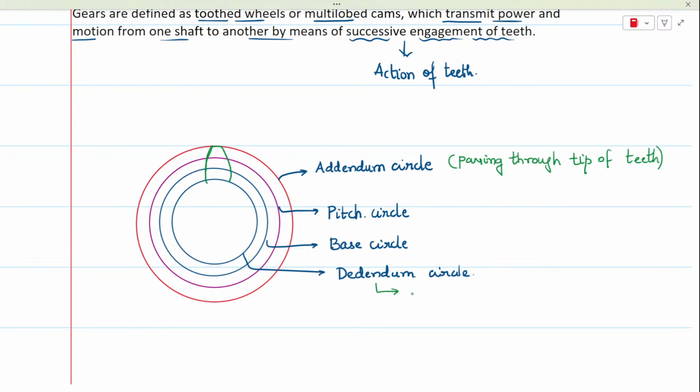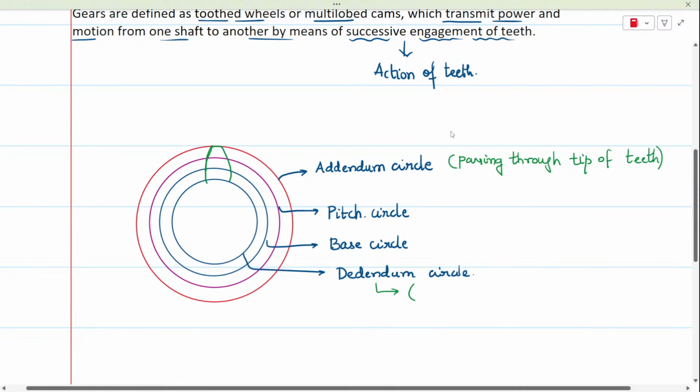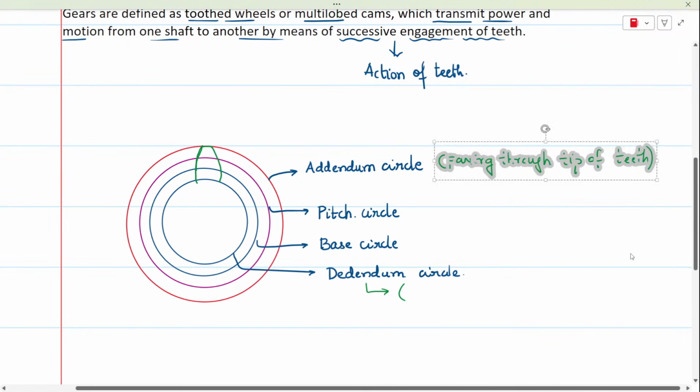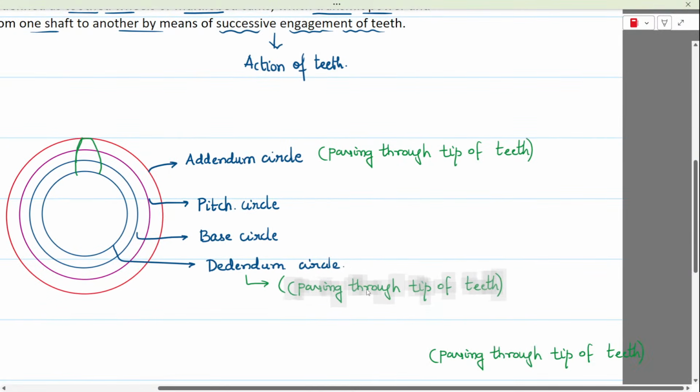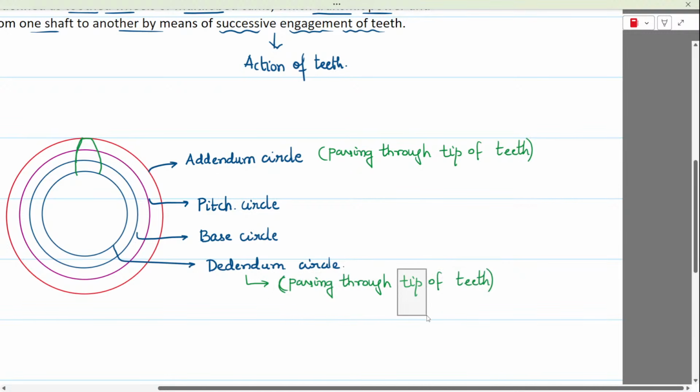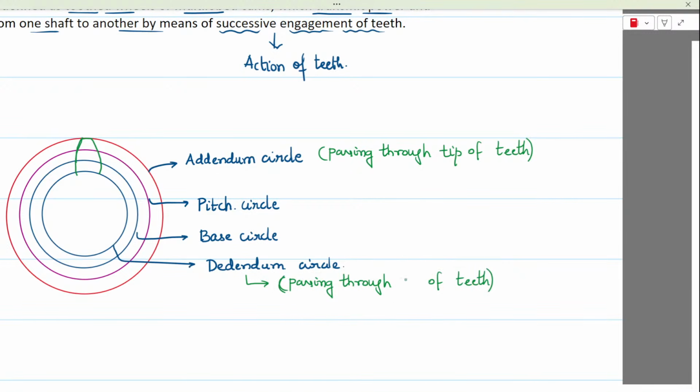Dedendum is exactly the opposite of that, passing through the root of the teeth. So instead of tip, I should replace that with root. Root of teeth. Next is the pitch circle. The pitch circle generally corresponds to rolling action.